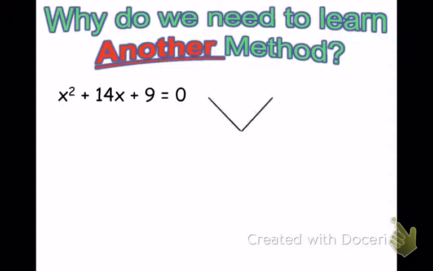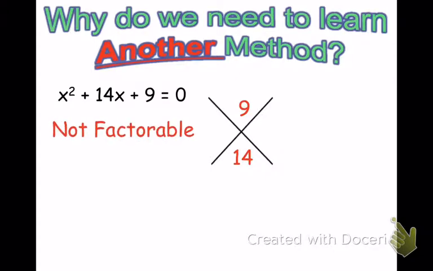We set up our x factor, we put the 14 at the bottom, we put the 9 at the top, and we ask ourselves what numbers multiply to 9, add to 14. 9 times 1 works for the top, doesn't work for the bottom. 3 times 3 works for the top, doesn't work for the bottom. And that's pretty much it. Nothing else multiplies to give us a 9. That's an integer. So we're pretty much maxed out on answers. So in this case, this is not factorable. So I cannot solve this by factoring because I cannot factor it to begin with.